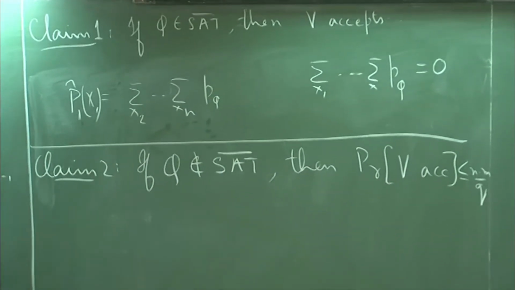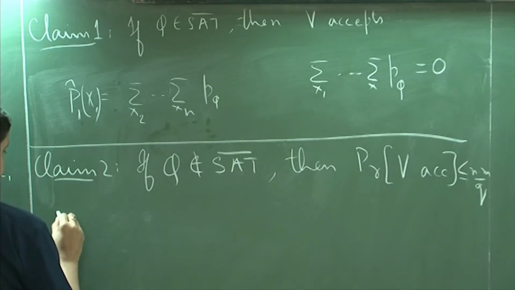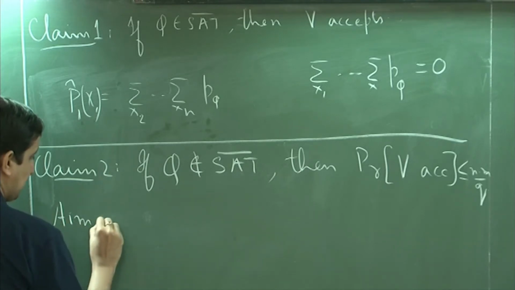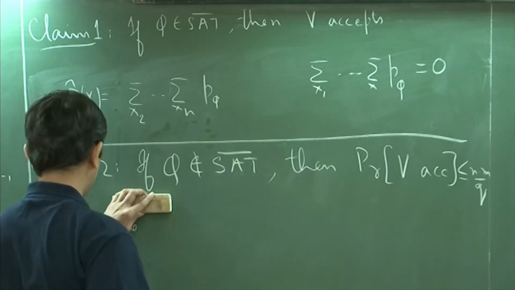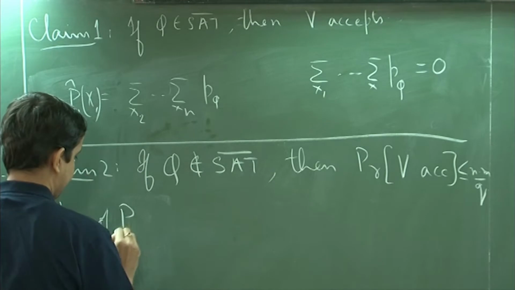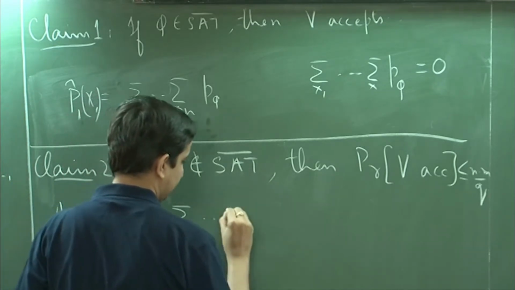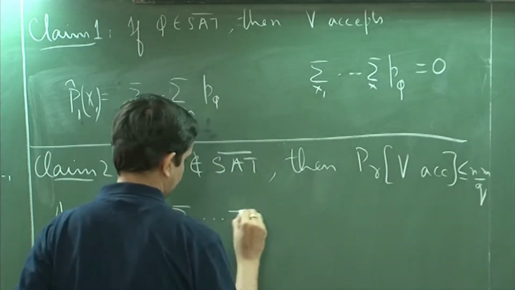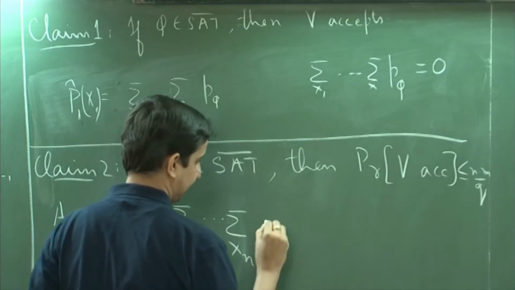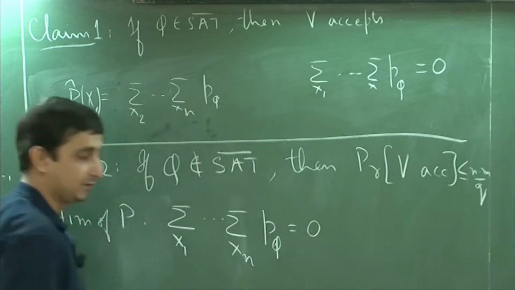Okay. So, anything else? Let me emphasize this, it will not harm us. The aim of the prover is to show that sigma x1 through sigma xn of this polynomial p phi is equal to 0.